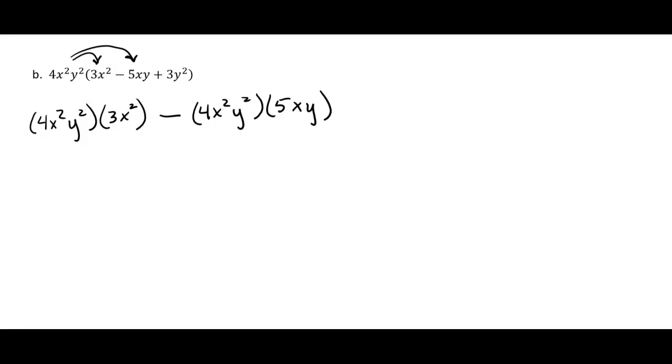And then we're going to have plus. So that's what I'm talking about with the signs. Figure out what the sign is. So it's a positive times a positive, so it's going to be plus. And then I'm going to have 4x squared y squared times 3y squared. Okay. And now we just figure out each of them separately.